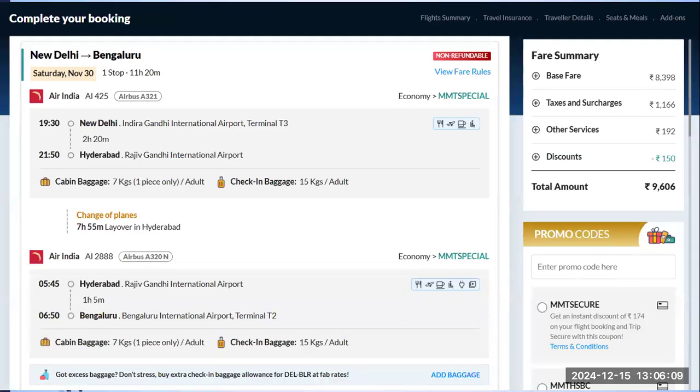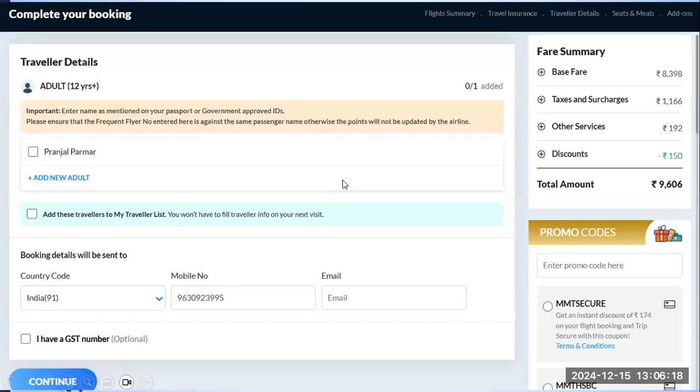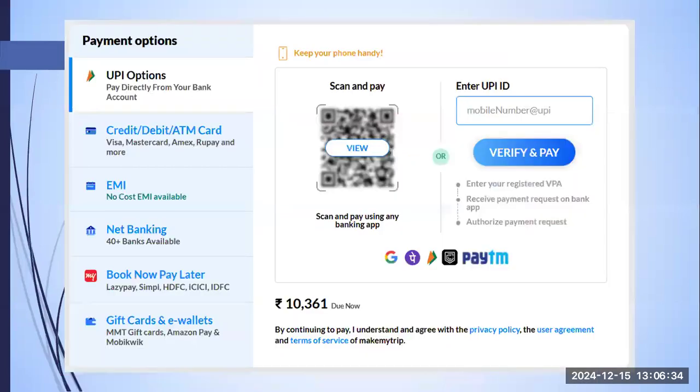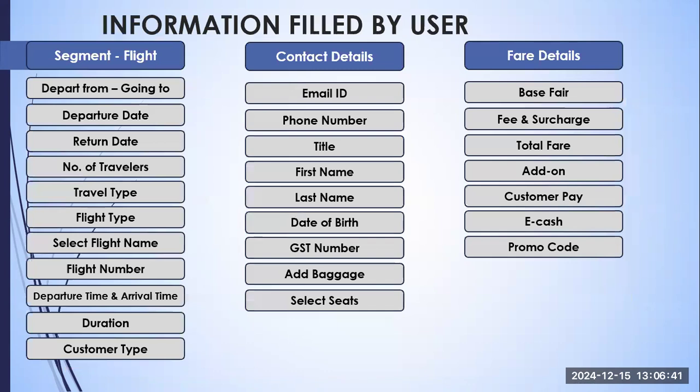Then it will give you the complete invoice, fare summary, and every detail. Then you have to fill in the traveler's details, the name, adult or children, email, mobile number, and select the seat, and then you go to the payment gateway. Here you will finish your transaction.